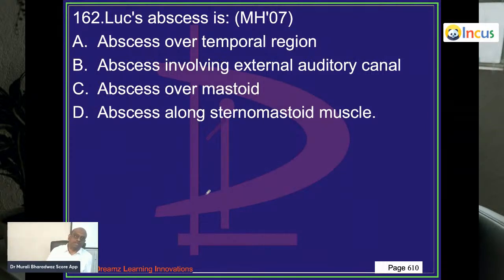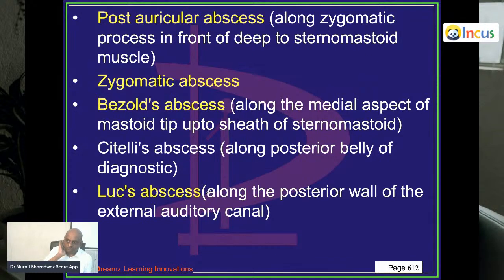Luc's abscess. Typically, whenever you are having otitis media, there are different areas where pus gets collected. So mastoiditis and all: post-auricular abscess, zygomatic abscess, Bezold's abscess. Bezold's means the abscess will gravitate from the medial aspect of the mastoid tip into the sheath around the sternocleidomastoid.